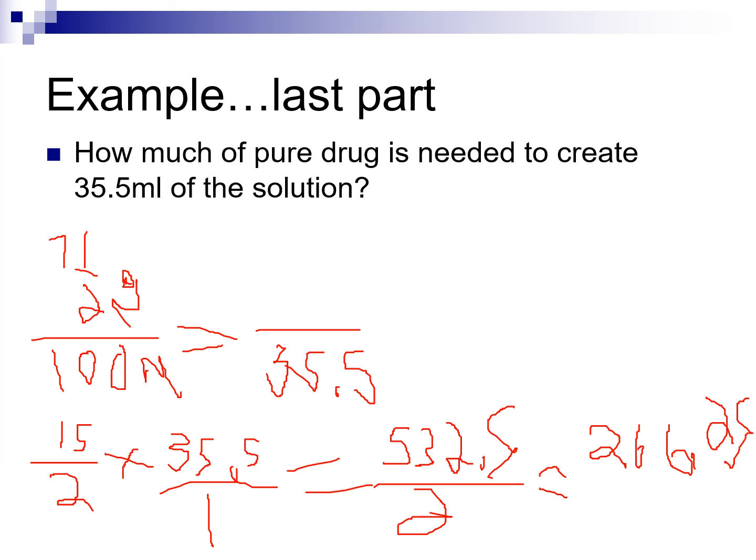But remember, I'm not done. All I did is the cross multiplication here, and I got 266.25. That's just taking 15 over 2 times 35.5 over 1, and then reducing this. Now I have to take this amount and divide by 100. 266.25 divided by 100 means I'm making it smaller, moving 2 decimal places to the left.